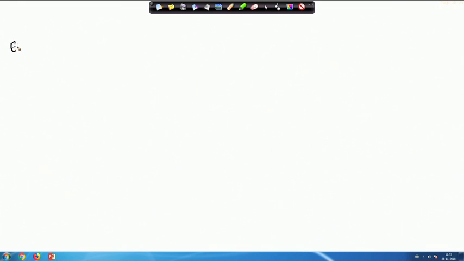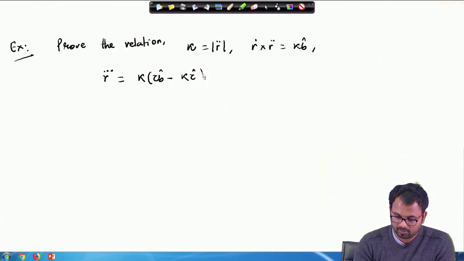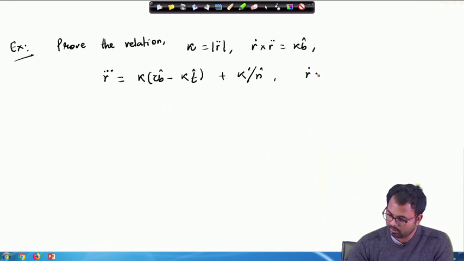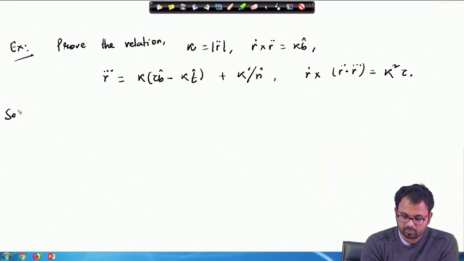So the first one is, example: prove the relation kappa is equal to the magnitude of r double dot; r dot cross product with r double dot equals kappa times b cap; r triple dot equals kappa times tau b cap minus kappa squared t cap plus kappa dash n cap; and r dot cross product with r double dot, dotted with r triple dot, equals kappa square tau. So we will prove these relations.